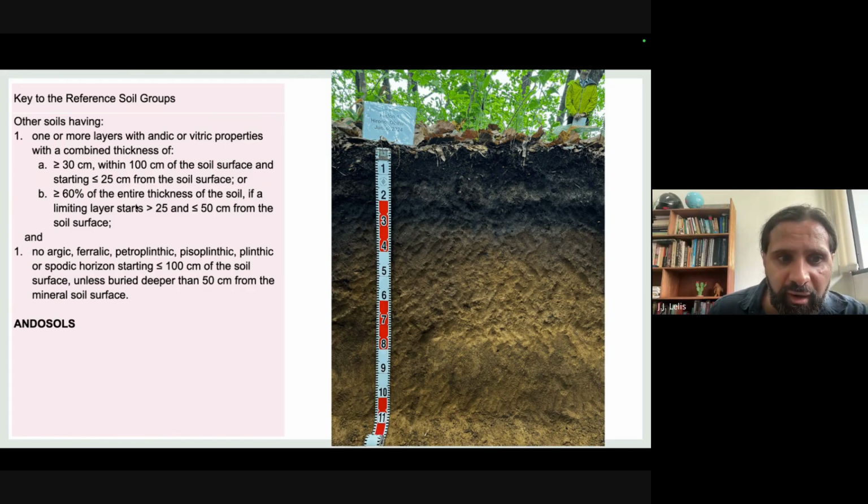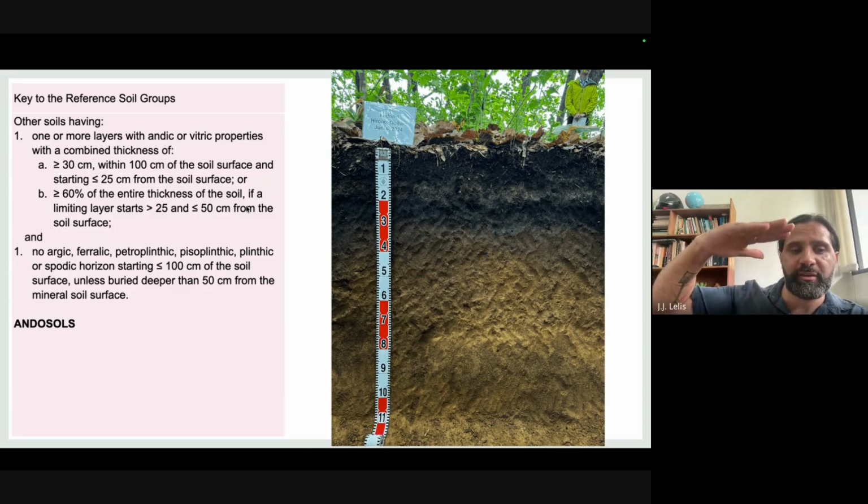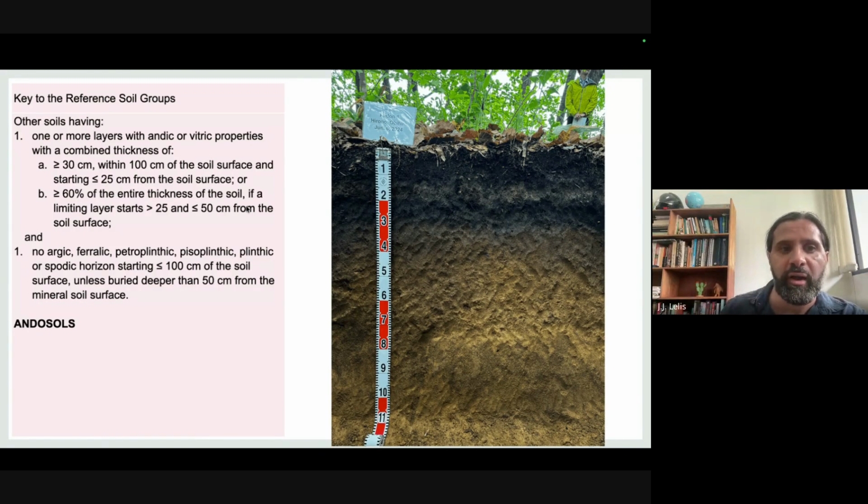60% of the entire thickness of the soil if a limiting layer starts below 25 and before 50 centimeters from the soil surface. So if I have a limiting layer between 25 and 50 centimeters, the layer above this limiting layer should register a minimum of 60% of andic or vitric properties.